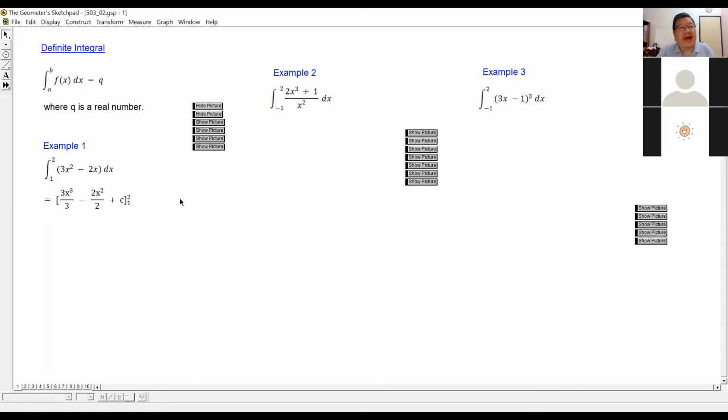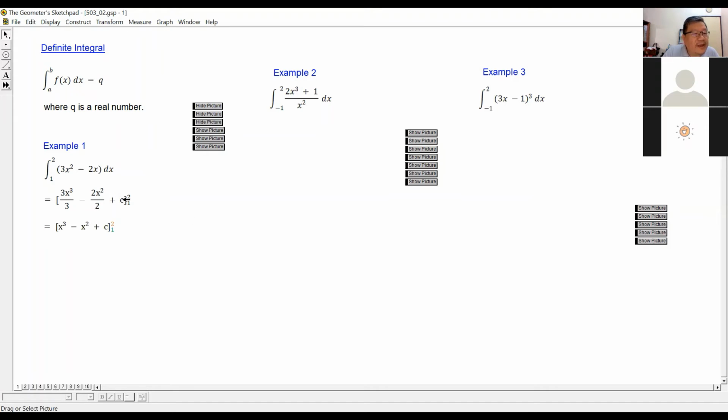So I put the c there, and afterwards you can see that the c can cancel away. After integrating, you have plus c, and you put the square bracket there, then 2 at the top, then 1 at the bottom.